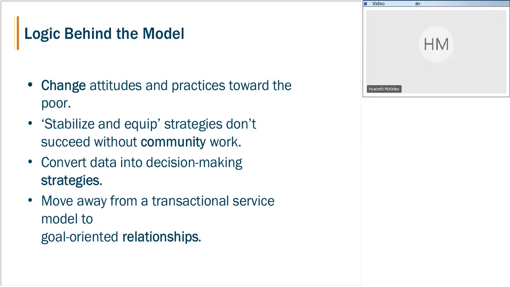Then we wanted to make sure we were converting the information that we had, which were a lot of outputs, into the type of decision-making that had strategy to it, from looking at outcomes, and move away from that transactional, we serve 500 people, or we had X number of bus rides, to more of a goal-oriented model towards the relationships with our clients and how we were meeting their needs.